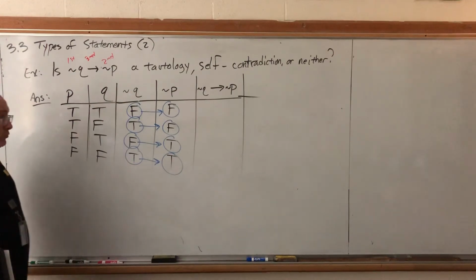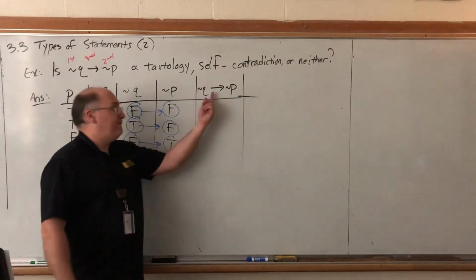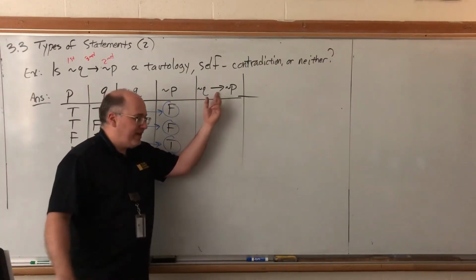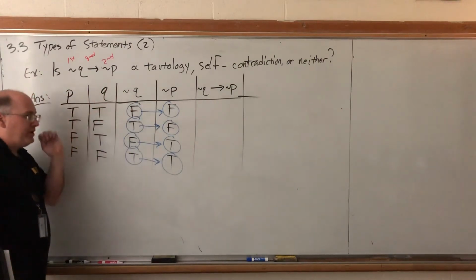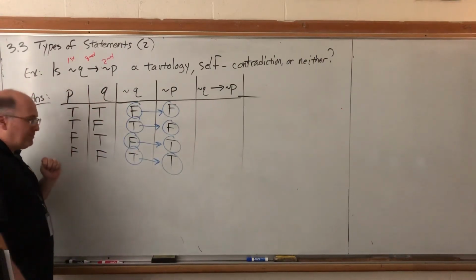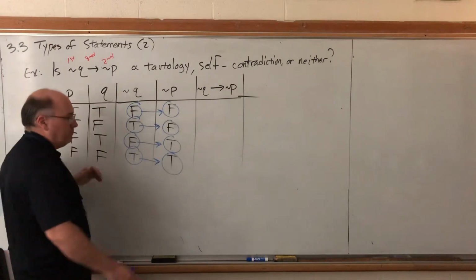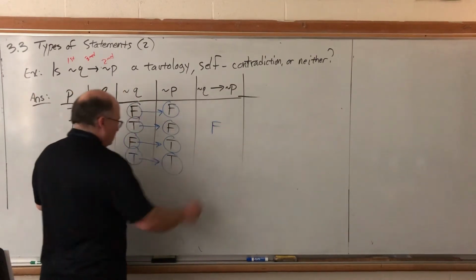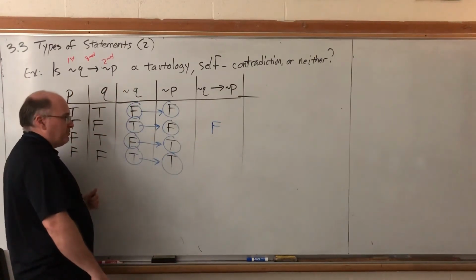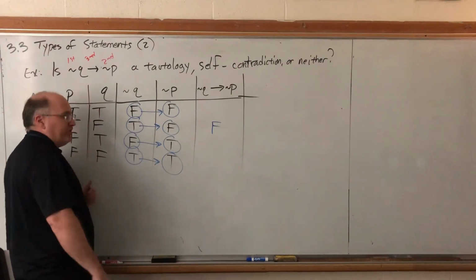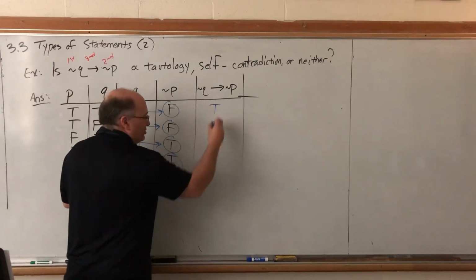And then we apply the rule for conditional, which is false if T is pointing to F. And I see one row where T is pointing to F. It's the second row. It's the only one where T is pointing to F, so it's the only one that's false, meaning the rest are true.